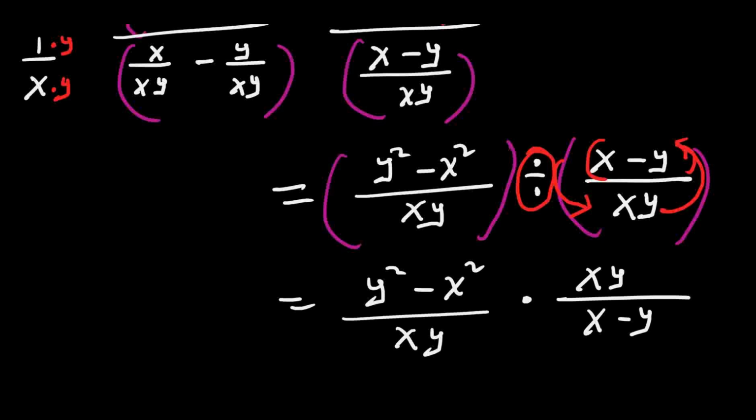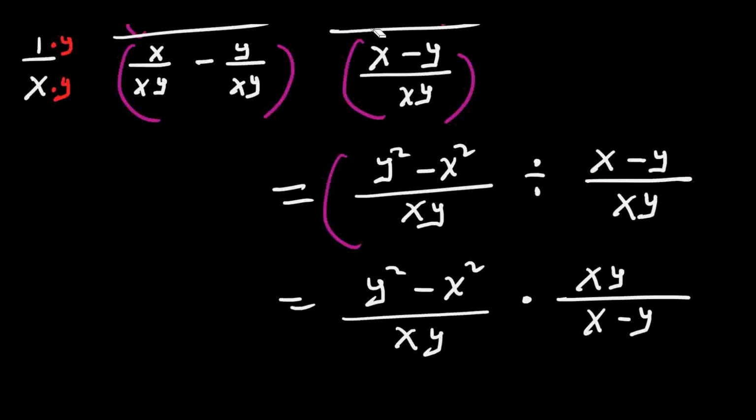So all we just did now is that we change the division sign to multiplication, as you can see here, and then we switch this denominator up, and then we switch the numerator down, as you can see.